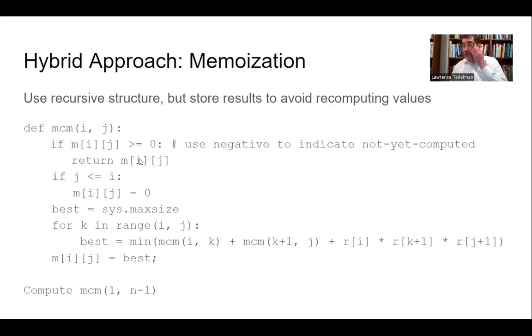The advantage to this is we retain the recursive structure, which sort of makes sense. Also, in bottom up, you need to compute everything, even the things that you don't necessarily need, because you need to fill in all the holes as you go, right? In this memoization approach, you only need the prior results that you actually need. So you don't have to compute everything necessarily. That said, as I just pointed out with the binary search, recursion is expensive.